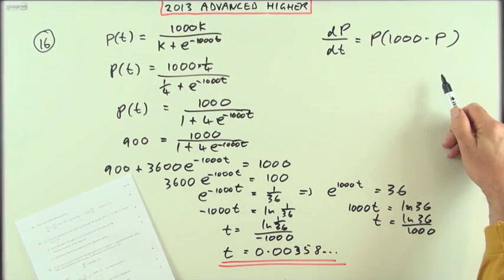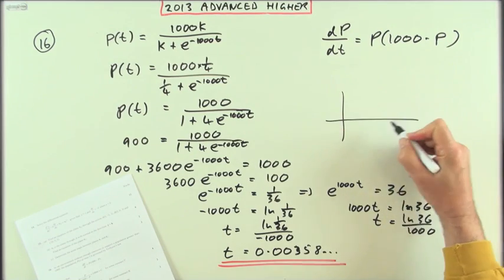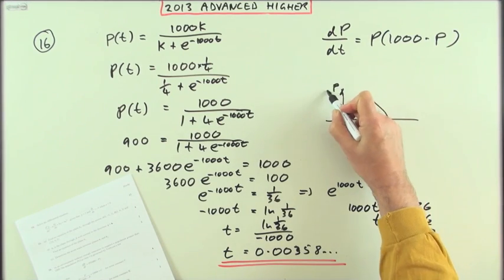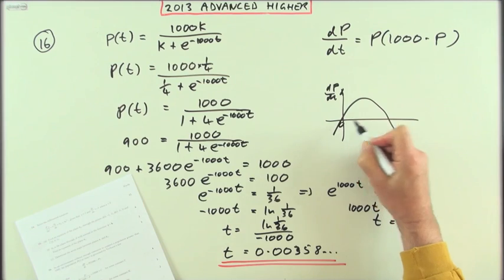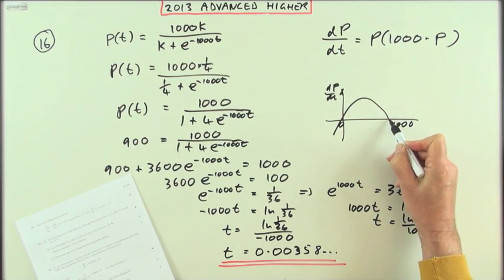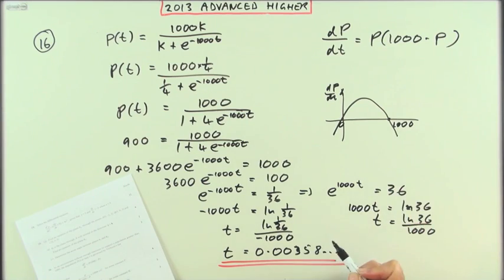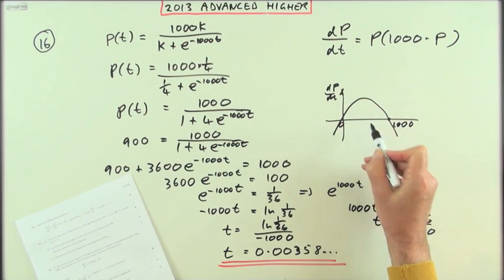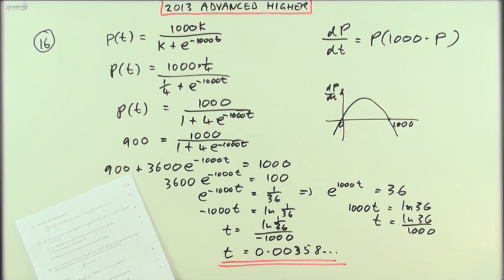Now that's an upside down parabola, so looking at that part, it would be like this, where that's the rate of growth of the population. So that would imply from that the rate of growth will be 0 when it hits 1,000, so it stops dead, and its maximum rate of growth will be up here around about 500.